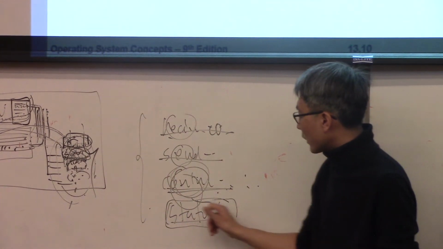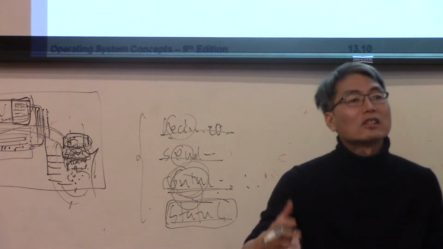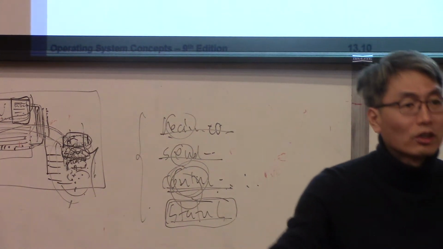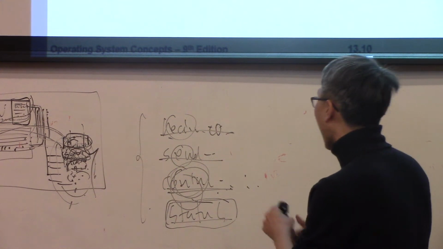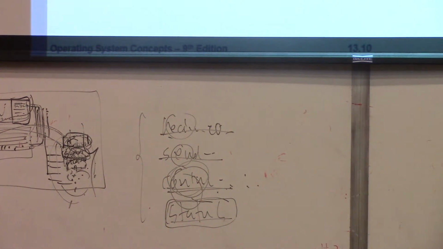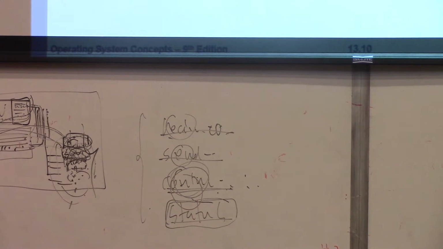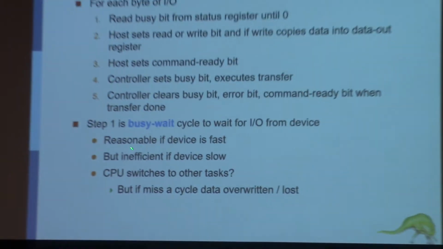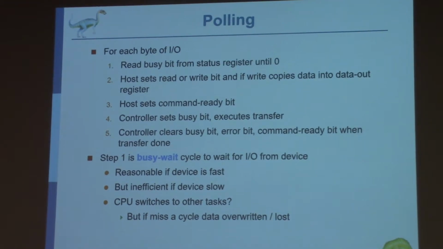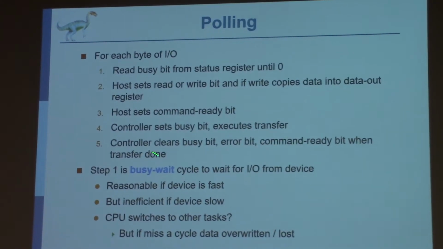The status is whether it's being used or not. So if this status is 0, then we are able to read. Keep checking. That means it's busy waiting. The other was straightforward, how to read the data. So this is the polling approach. The biggest problem is the busy wait.